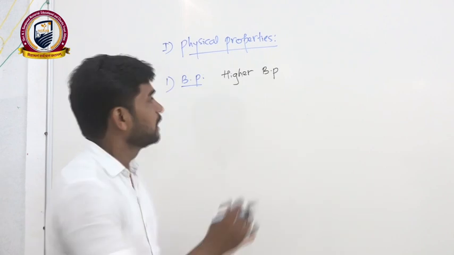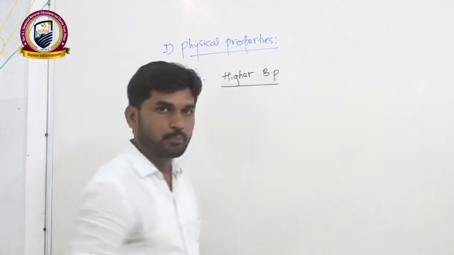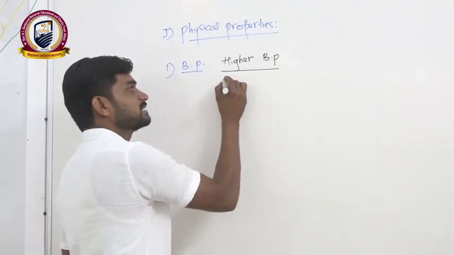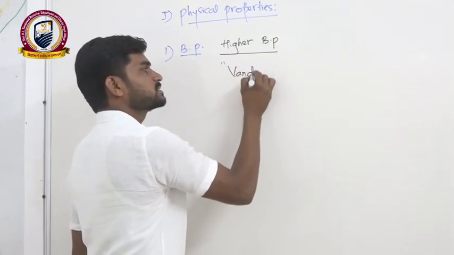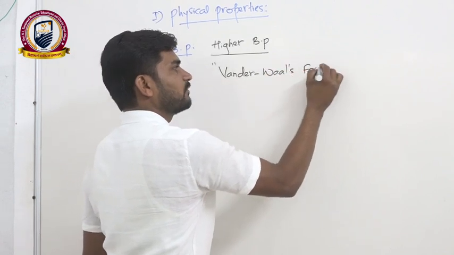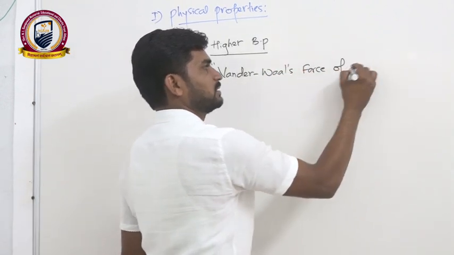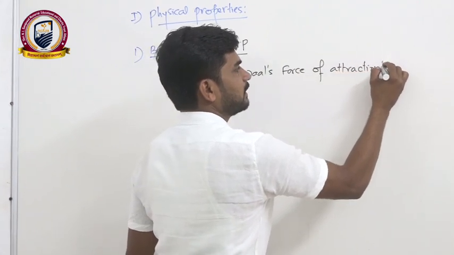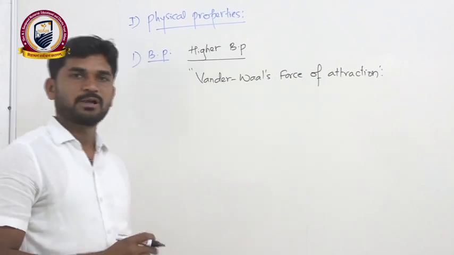As the number of carbon atoms increases in phenols, they have higher boiling points. This increase in the number of carbon atoms makes an increase in the van der Waals force of attraction. This van der Waals force of attraction increases the boiling point of the corresponding phenols.